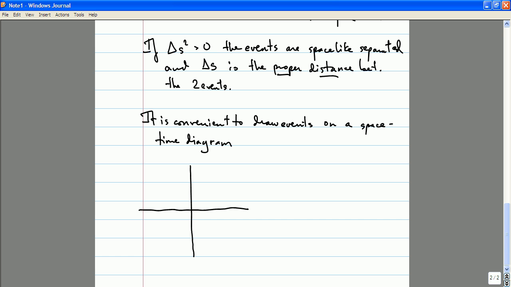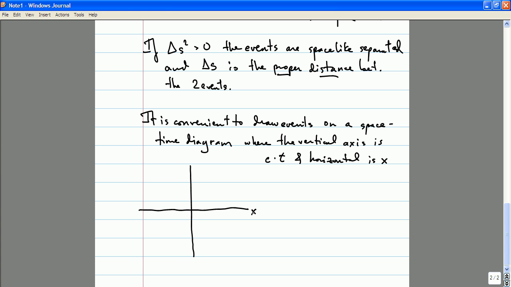In particular, the sort of space-time diagram that it is very useful to think about is the sort of space-time diagram where the vertical axis is not t, but is c times t. And the horizontal axis is x.